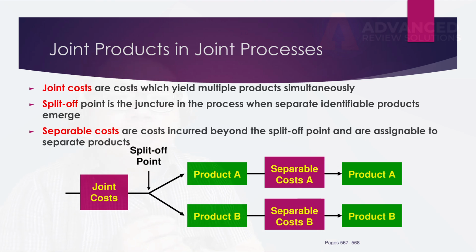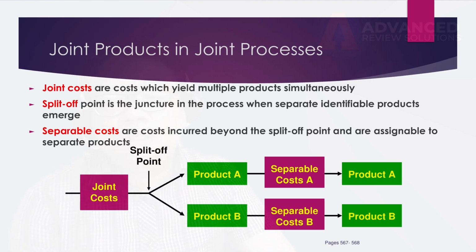So separable costs are the costs incurred beyond the split-off point and are assignable to the separate products. Now, if you notice, class, there would be product A and product B. For example, product A is milk. Say you have a cow, and you have your milk or cheese.